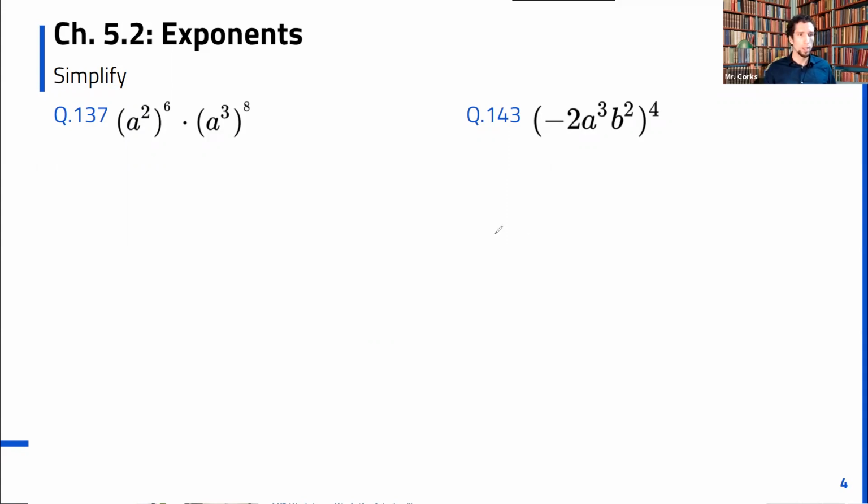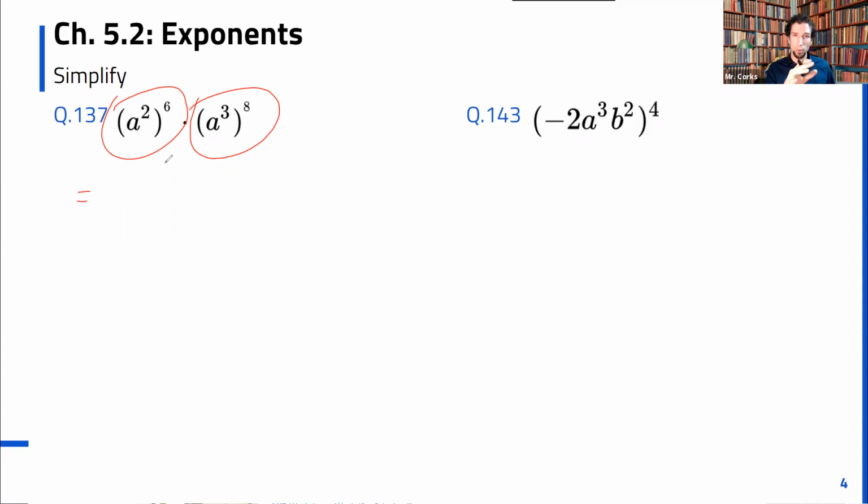Okay, let's take a look. So the one on the left, first we'll take this thing and this thing. What's the rule that would let me simplify each of these separately? First, we multiply the exponents.